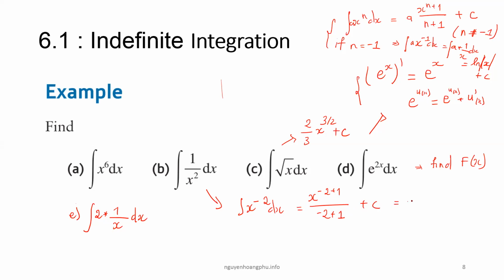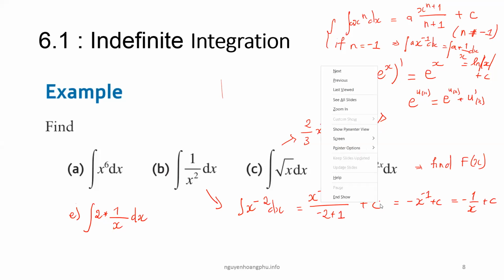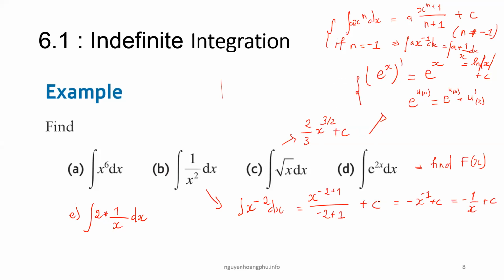So it will be -x^(-1) plus c, equal to -1 divided by x plus c, right? C here is a constant. It could be any number, negative or positive, or equal to 0. Okay?